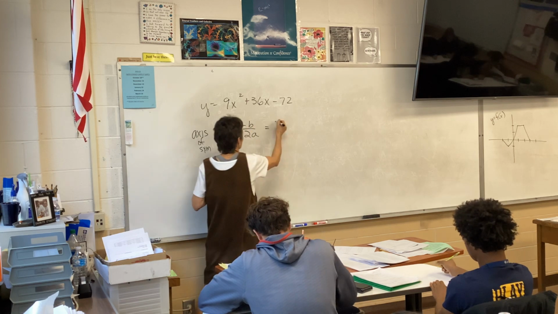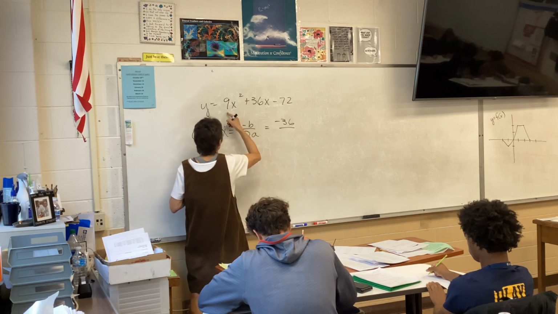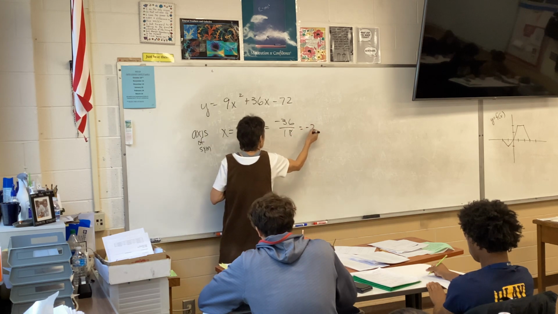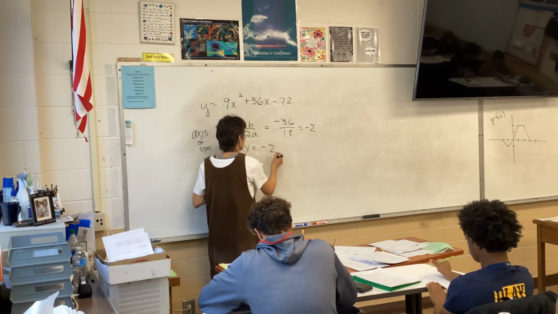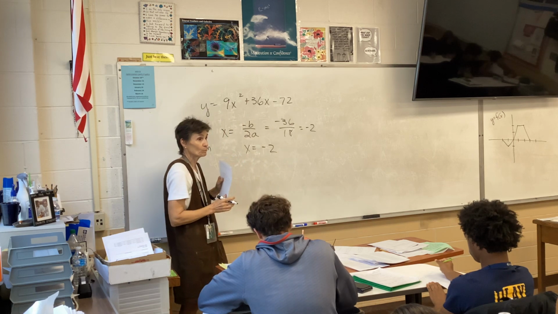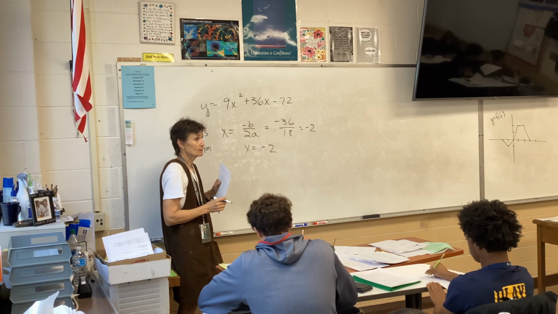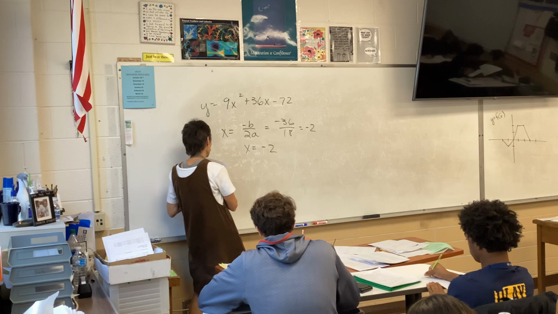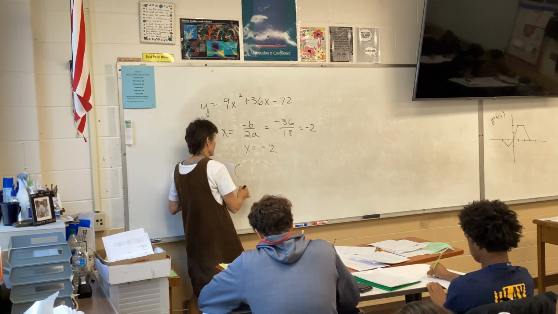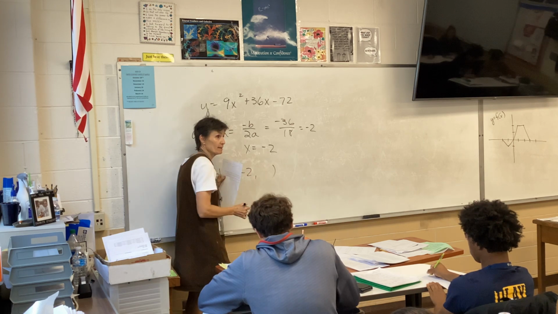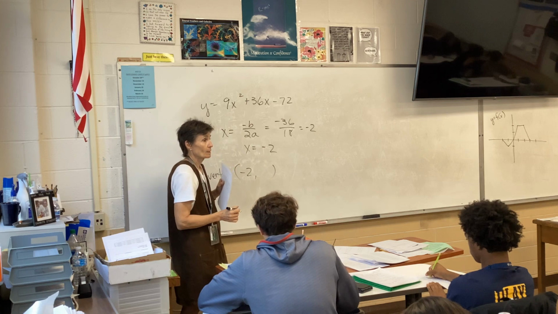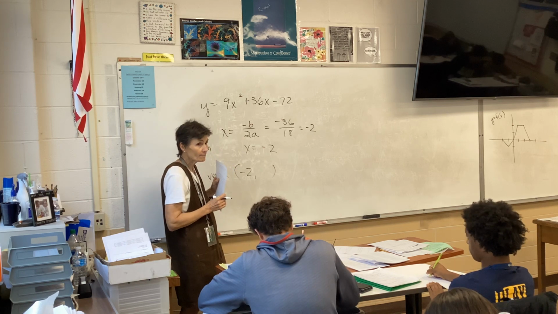So negative b over 2a. So my axis of symmetry is negative 2, if I did my work right. Now what does that mean about my vertex? Well, x is negative 2. And how do I find y?